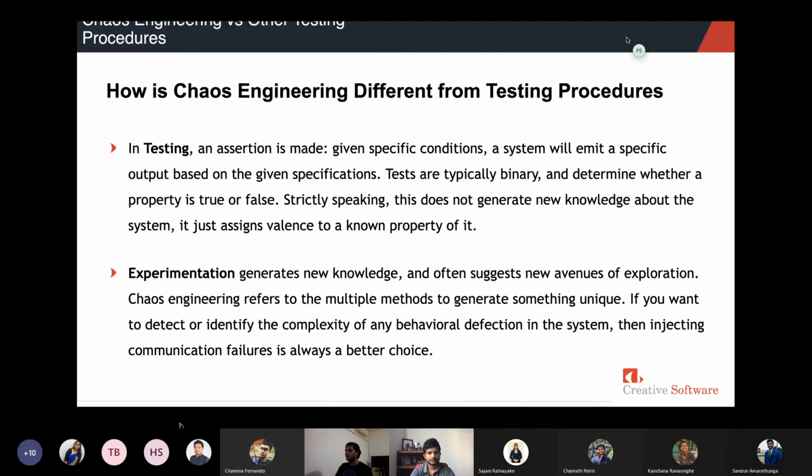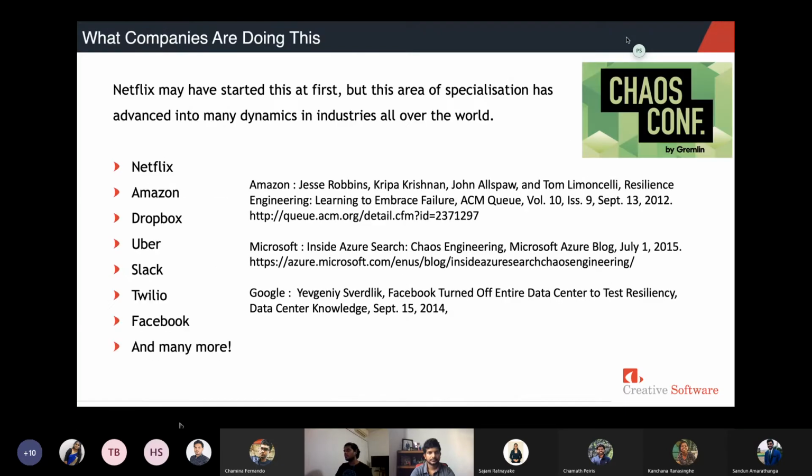So we'll move forward. These are the companies that have followed the path of Netflix and adhered to chaos engineering practices. There are a few links here that you can get when we share this presentation with you.